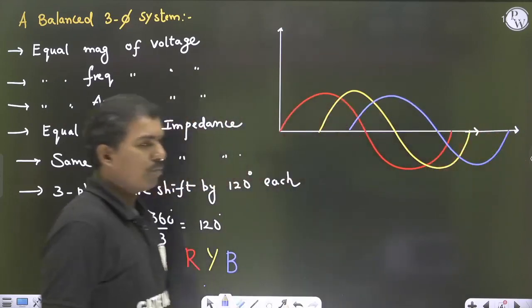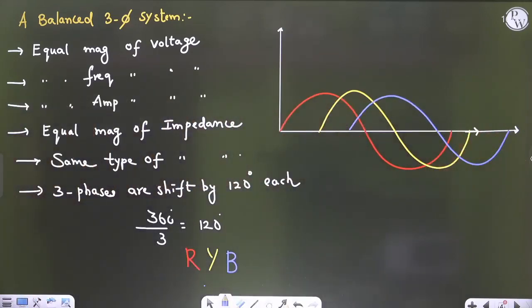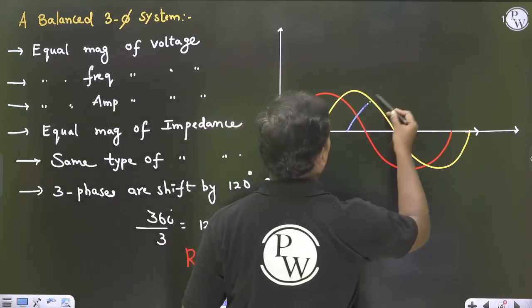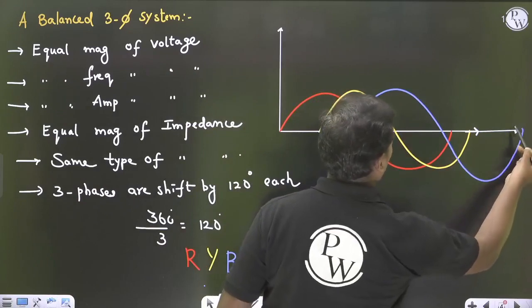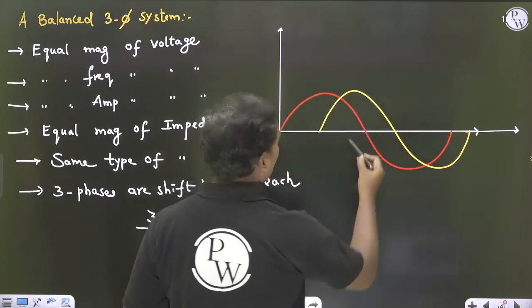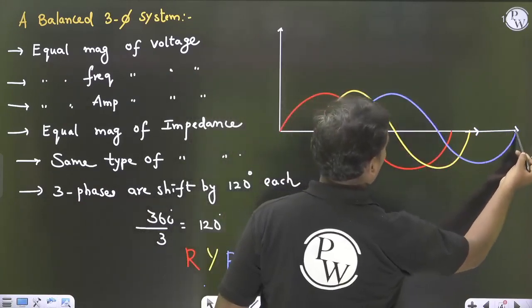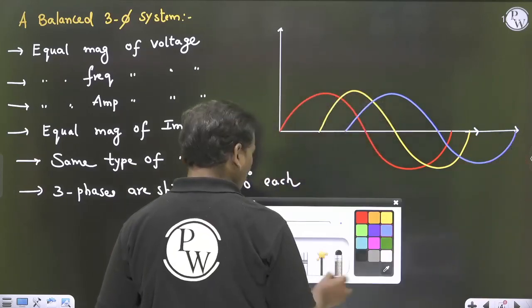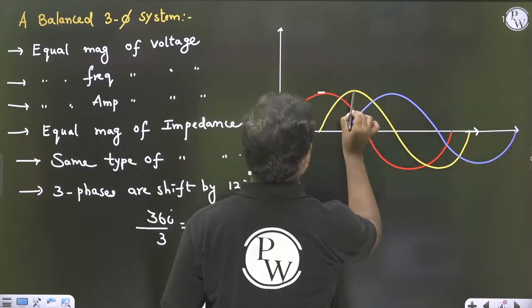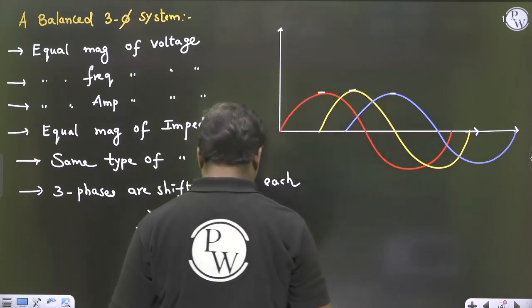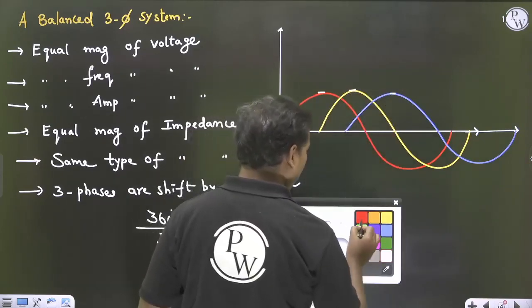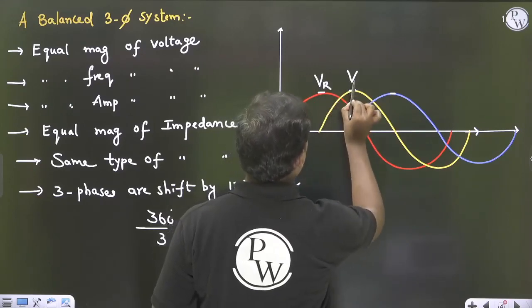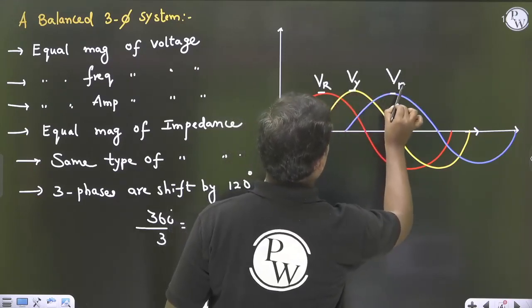Yeah. So if you see this, all the amplitudes are the same. You see the amplitudes. So this is VR, the VY, the VB.